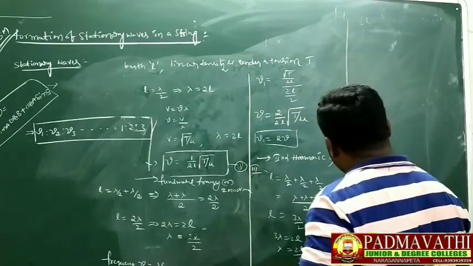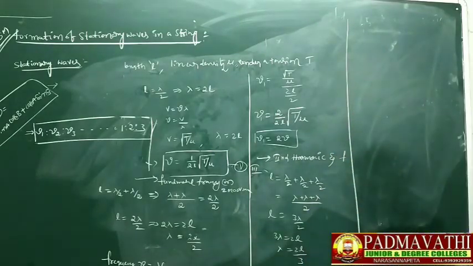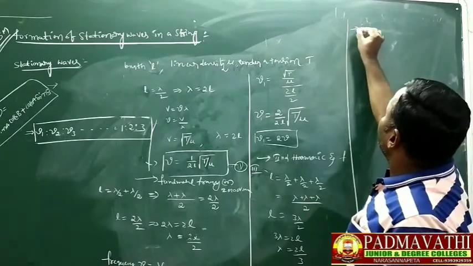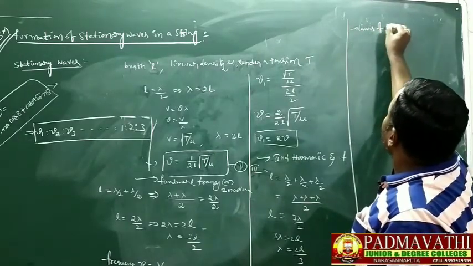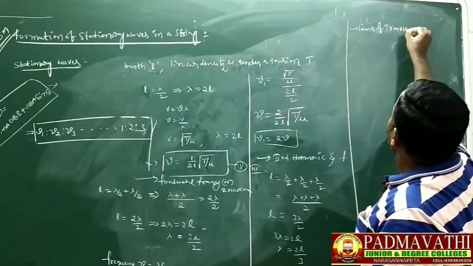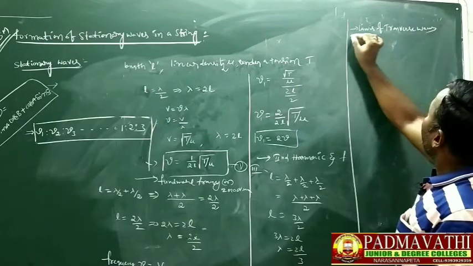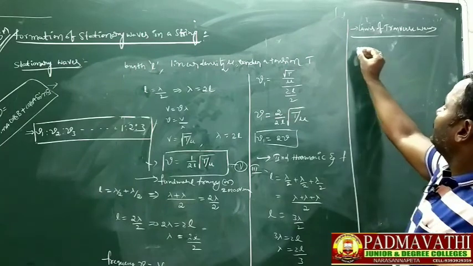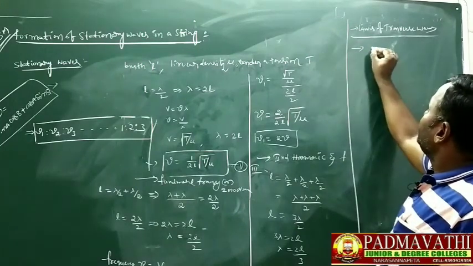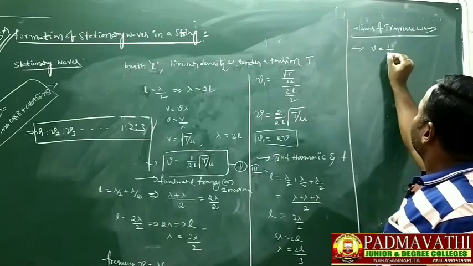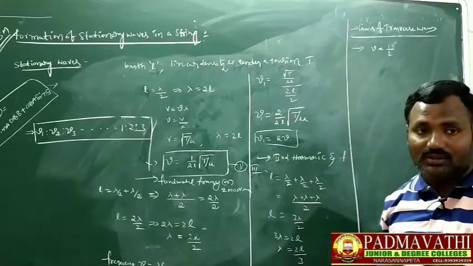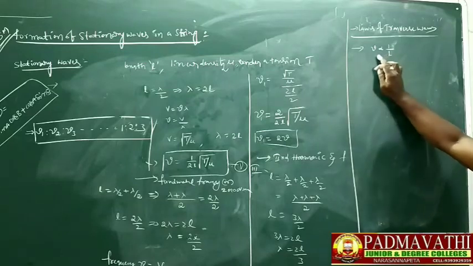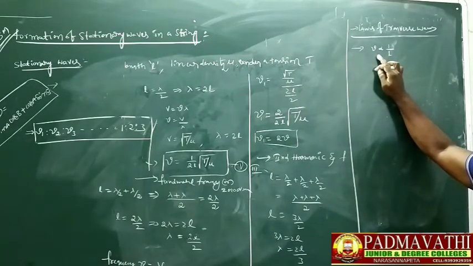Now this question is continued. Next one, laws of transverse waves. Here 3 laws are included. First one, nu is inversely proportional to 1 by L. In a stretched string, when the tension and linear density are kept constant, the frequency of the string is always inversely proportional to the length of the string.